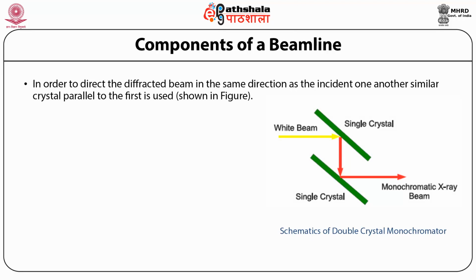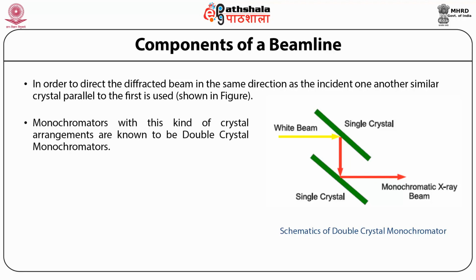In order to direct the diffracted beam in the same direction as the incident one, another similar crystal parallel to the first is used, as is shown in the figure. Monochromators with this kind of crystal arrangement are known as double crystal monochromators. The figure shows the schematic of the double crystal monochromator.